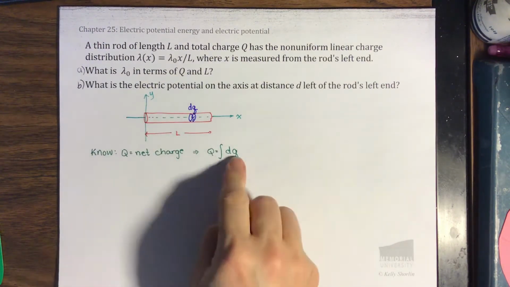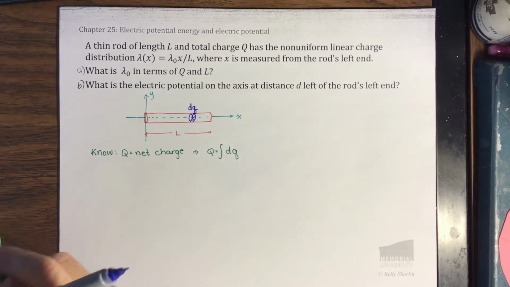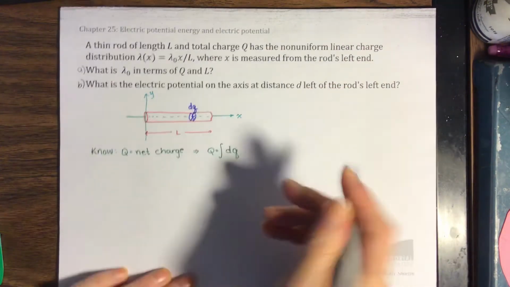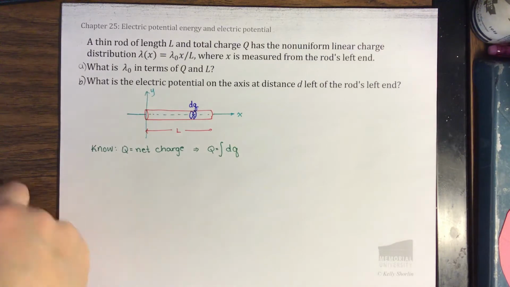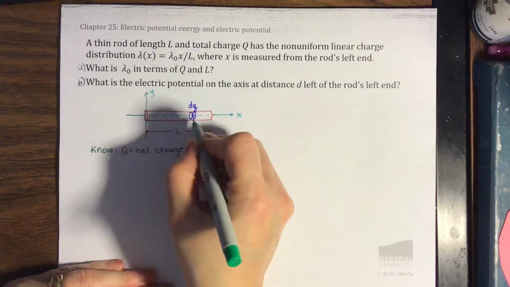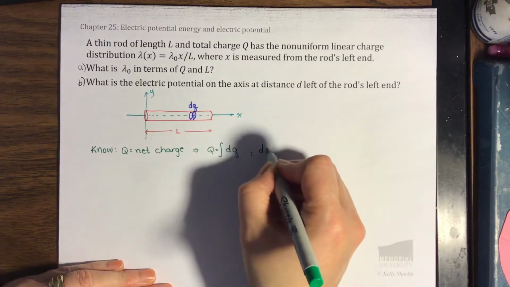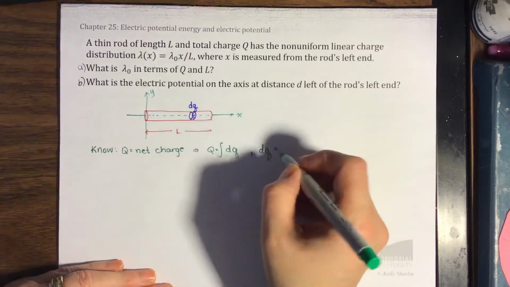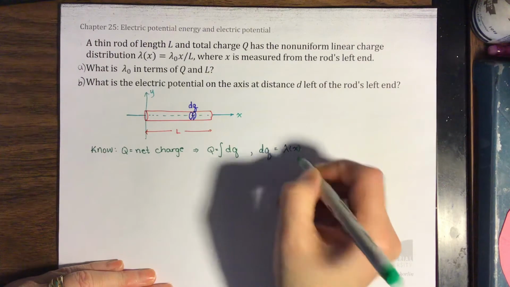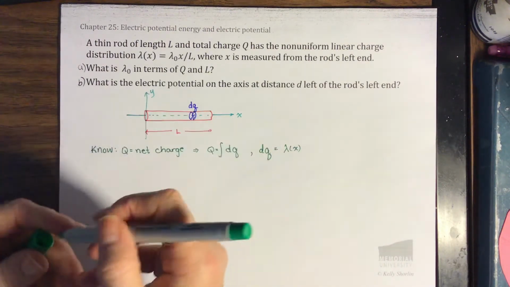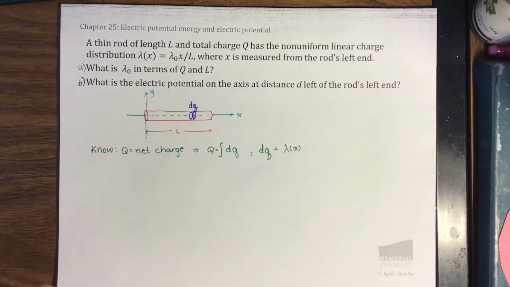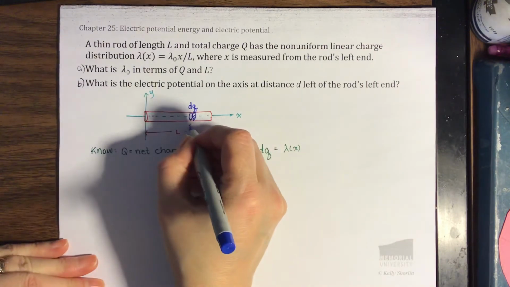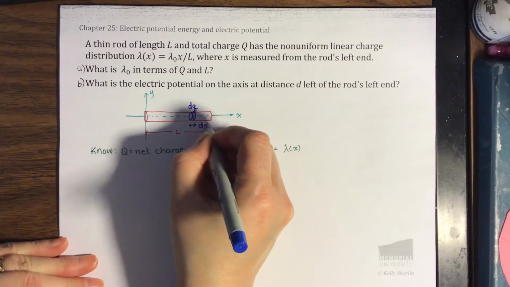The next thing we know is that the amount of charge on that little charge element dq can be given by the density of charge, which is lambda, which depends on x, times the width of that little bit of charge. And the width of that little bit of charge is a little bit in the x direction, dx.